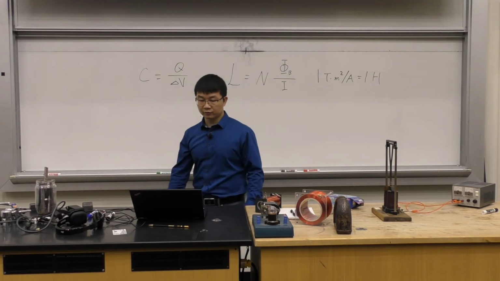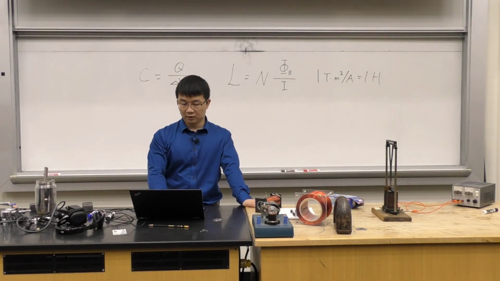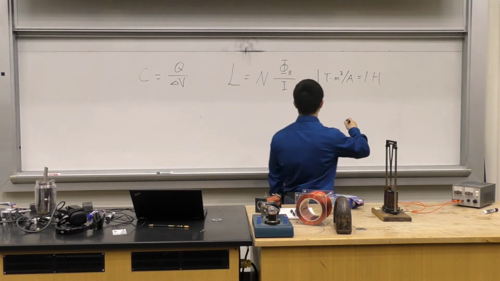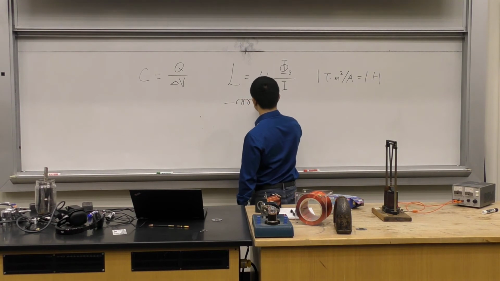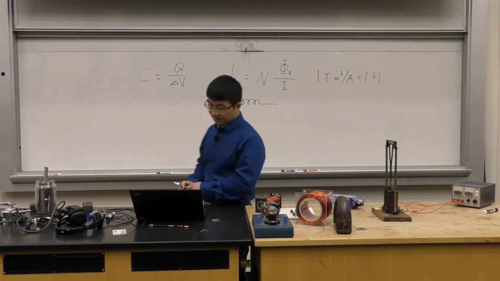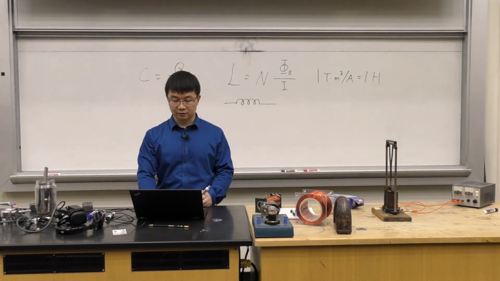So the SI unit for inductance is the Henry. The symbol we use for an inductor in a circuit is pretty much like a solenoid. This is how you draw an inductor in a circuit. All right, so this is the definition of inductor and inductance.